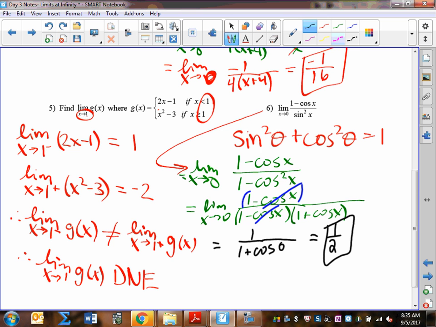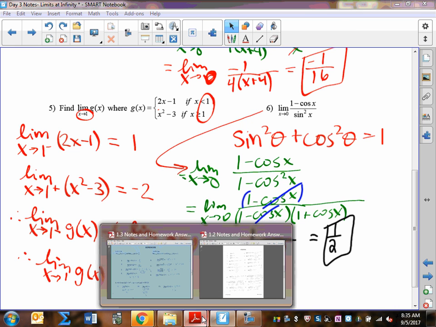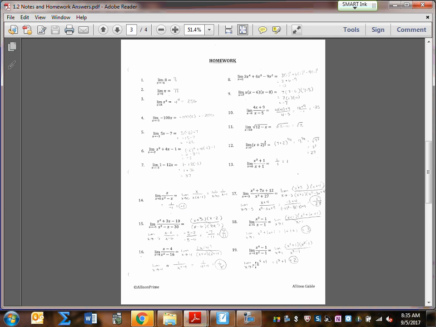Okay, let's take a look at questions. Now I know there are two chunks there, so I guess we'll just start off. Any questions on that first page?